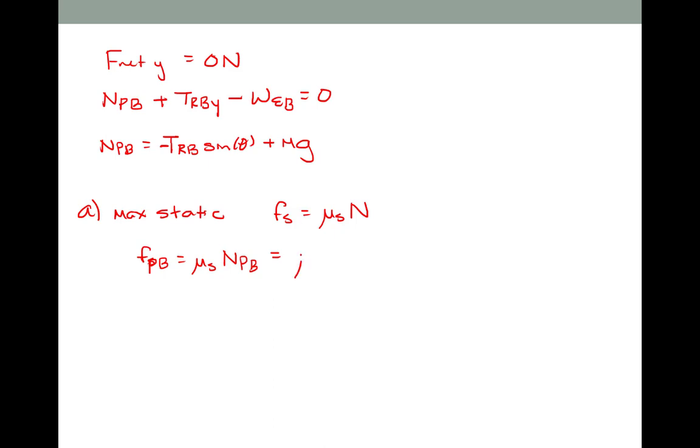So that would be mu S mg minus mu S TRB sine theta. And again, I can't really plug in numbers here because I don't know the value of the tension in the rope.